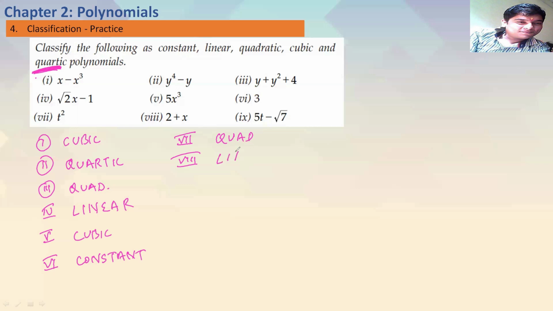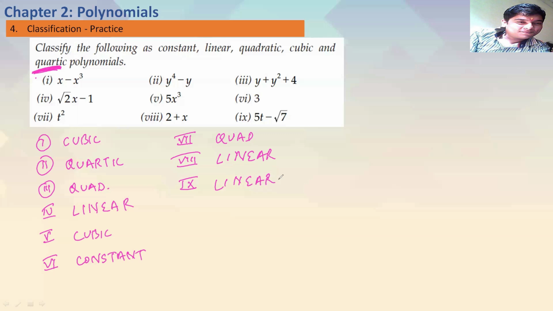So that's what I was waiting for here. Next one. Here it's 5x. 5t. T is acting as the x over here. It's linear. Very good.